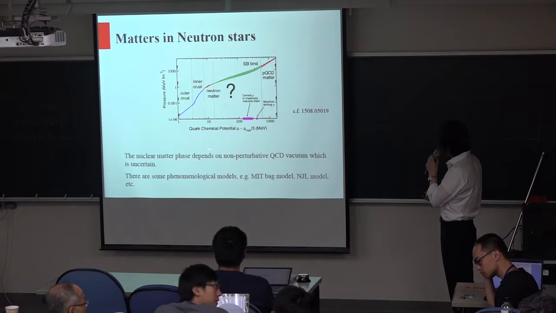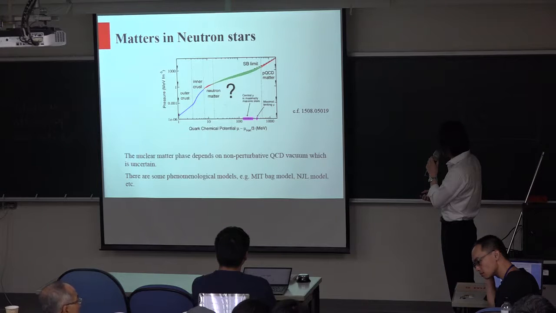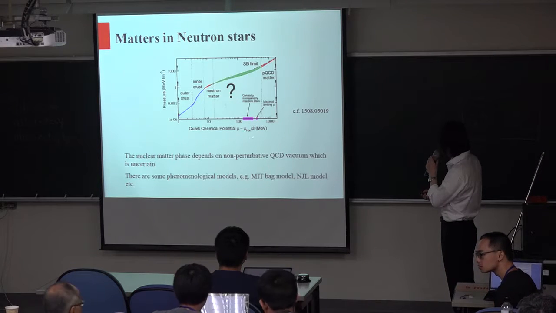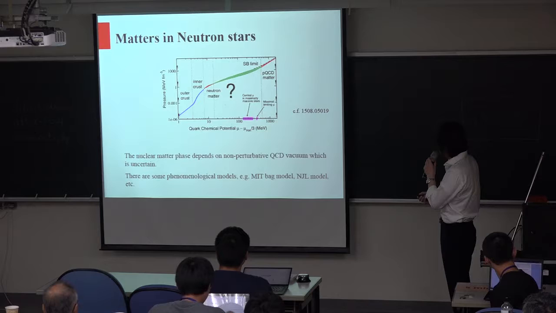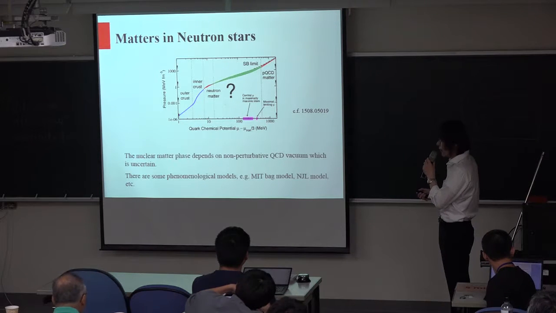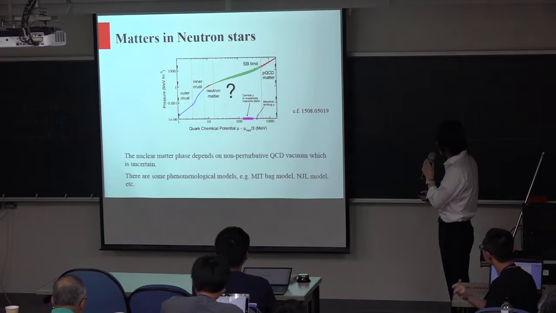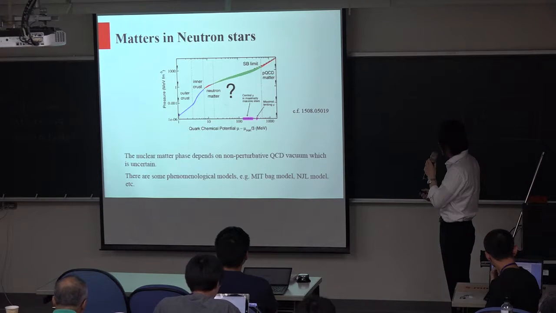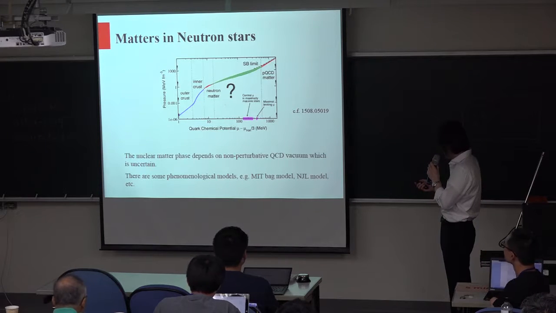There are already several models of matter in neutron stars, and in general, we are not so sure about the exact model. We only have many phenomenological parameters to add on, like the MIT bag model and others, etc.